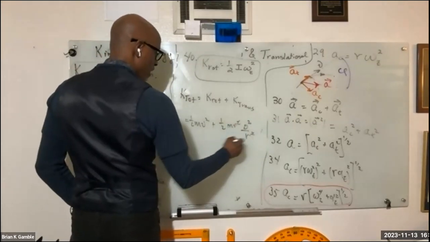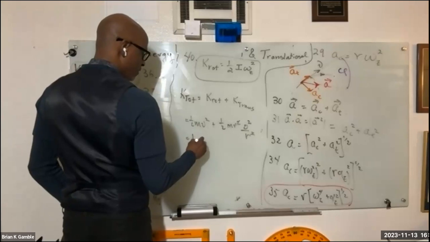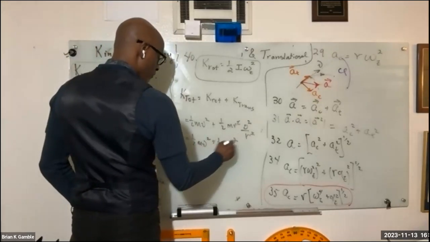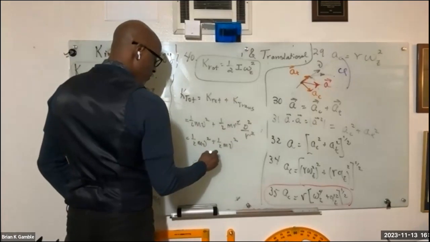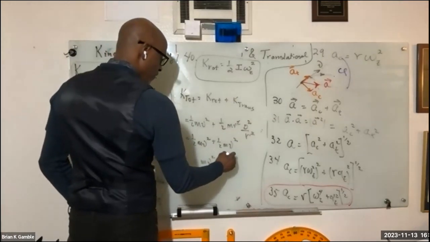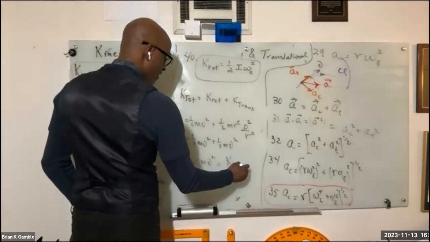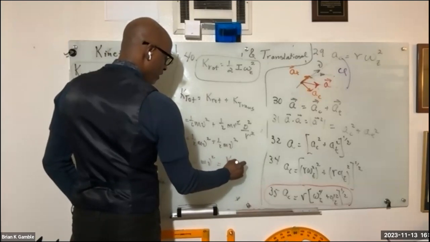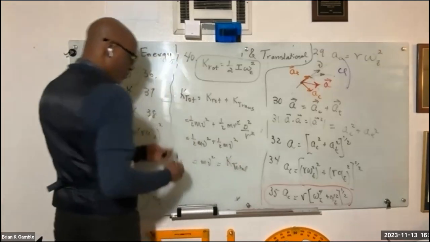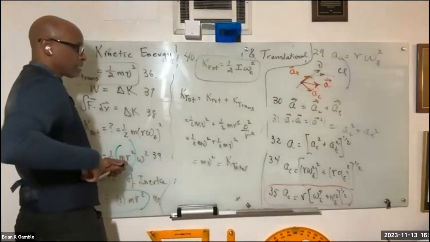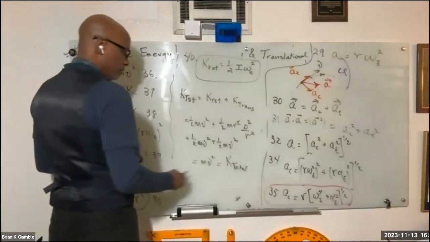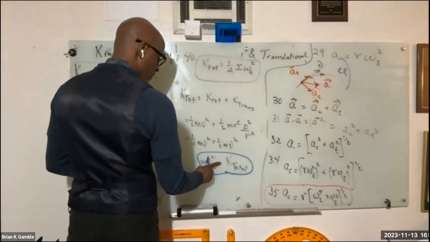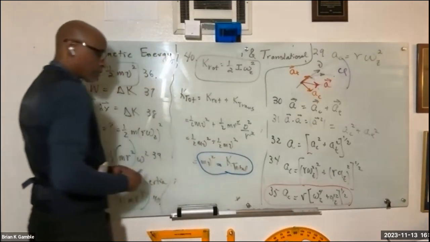So the r squareds go out, and I basically have 1/2 mv squared plus 1/2 mv squared, which is just mv squared. So for something that is rotating and translating, the total kinetic energy is mv squared, twice as much kinetic energy as if it were just translating.